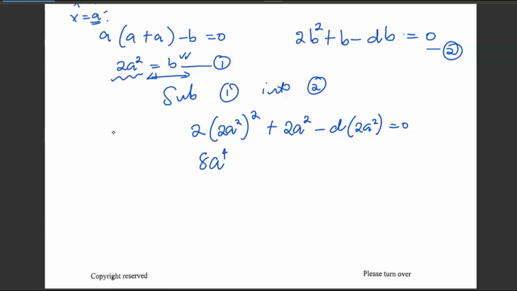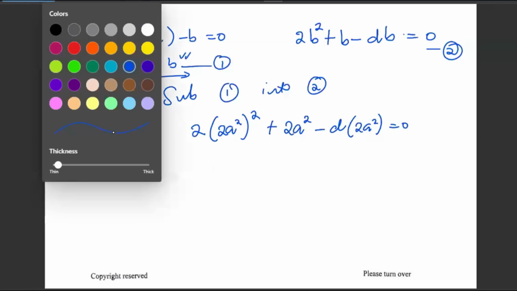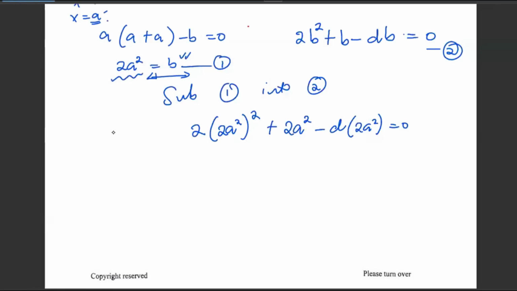But why must I open that up? Because I'm seeing something that is easier to approach or to use, like there's a 2a squared everywhere. Divide by 2a squared, by 2a squared, by 2a squared.